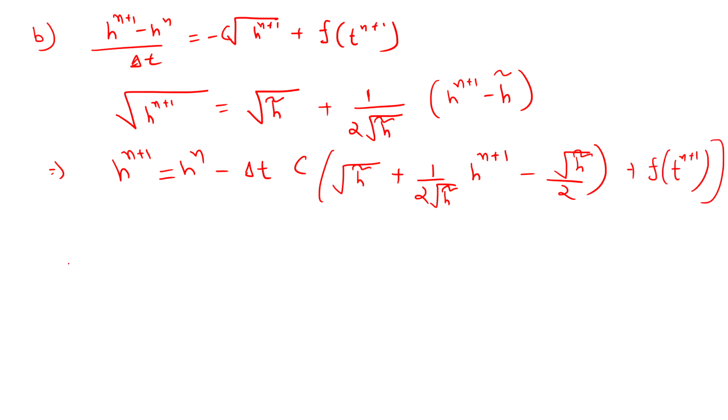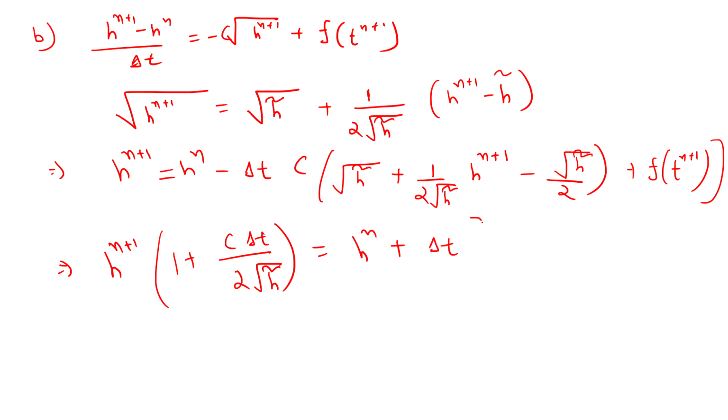So this gives me that (1 plus c delta t upon 2 root h tilde) times h^(n+1) is equal to h^n plus delta t times (minus c root h tilde upon 2 plus f of t^(n+1)).